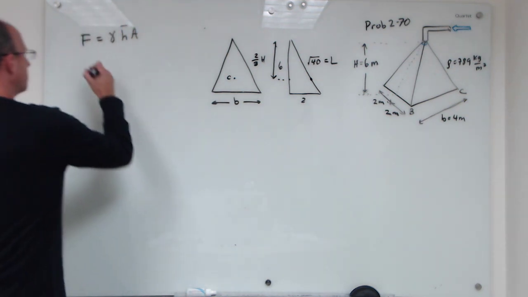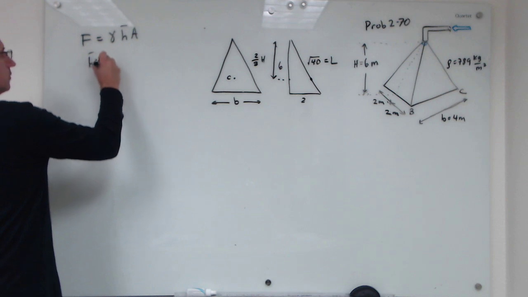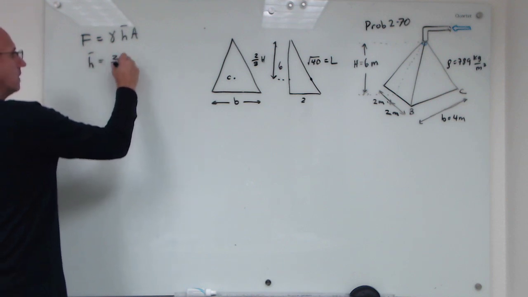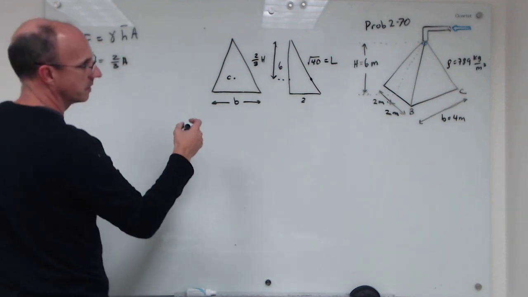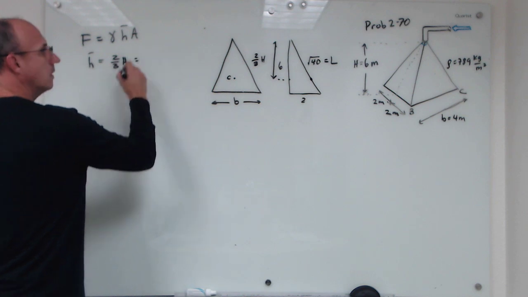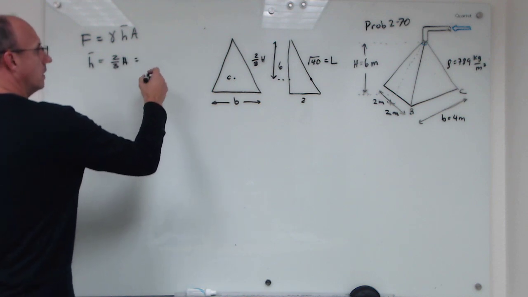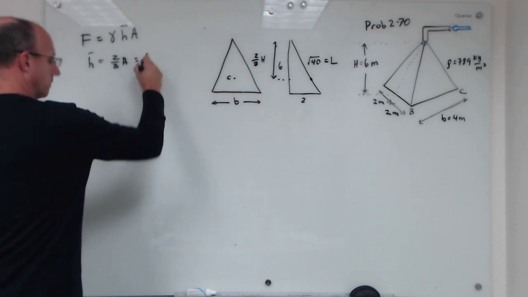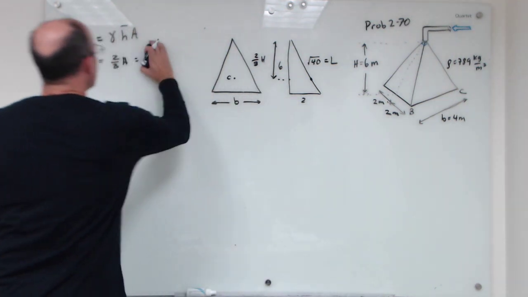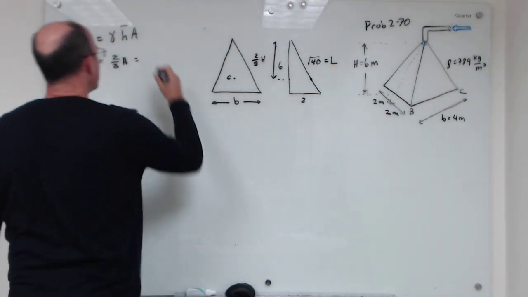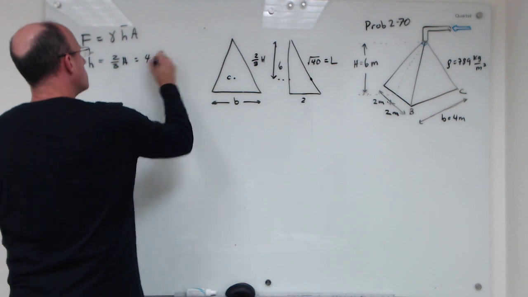So in that case, h bar would be equal to 2/3 of h, which is equal to 4 meters.